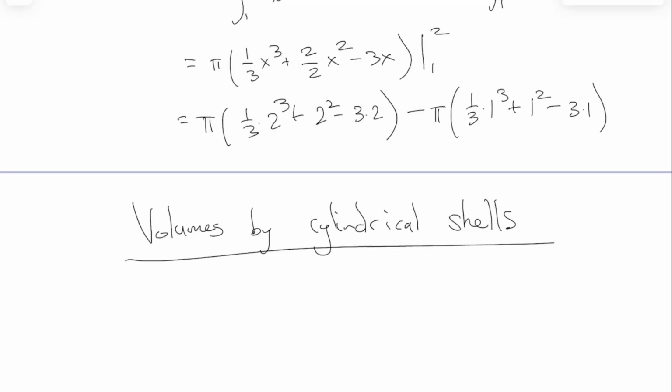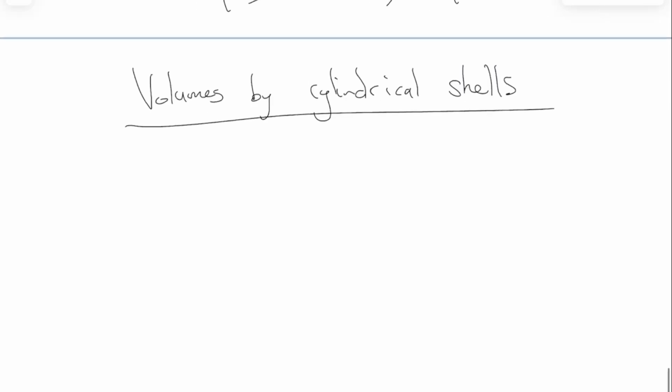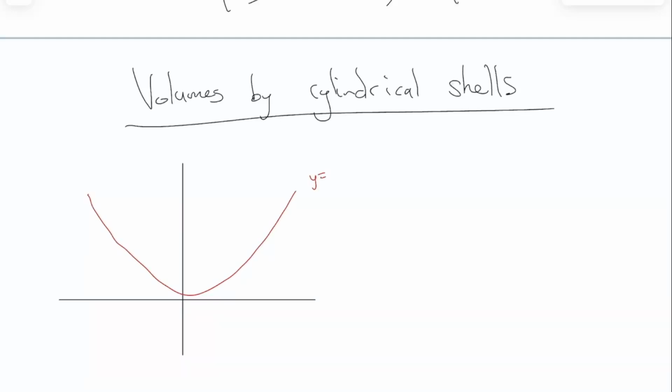So the idea behind this one, the standard picture of one of these cylindrical shells problems, is if I have a function, let's say like this, y equals x squared. I always like y equals x squared as a standard example.